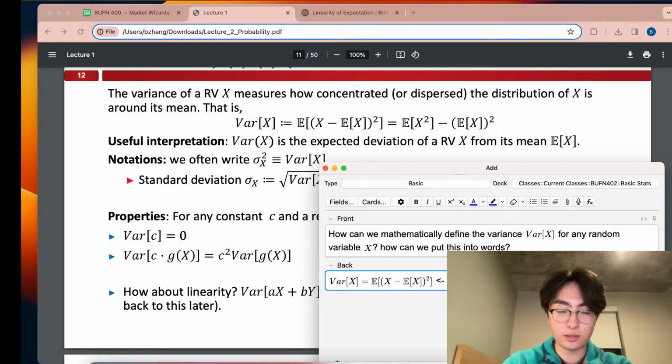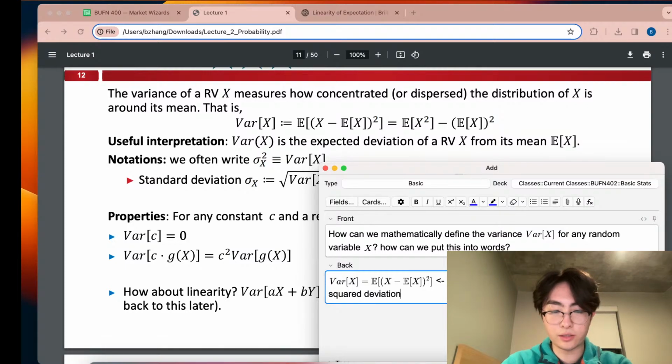So this is saying the variance is the expected value of the squared deviation from the mean.